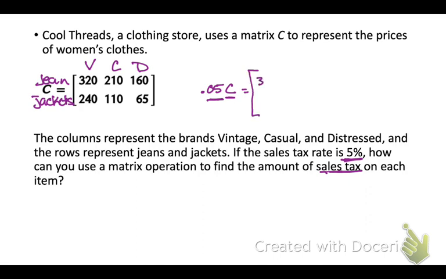So it's going to be 320 times 0.05, and then 210 times 0.05, and 160 times 0.05, and 240 times 0.05. It's not a negative.